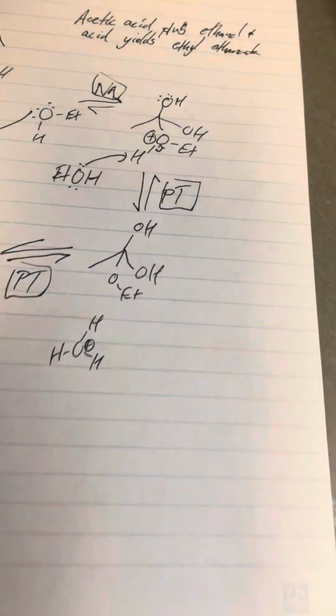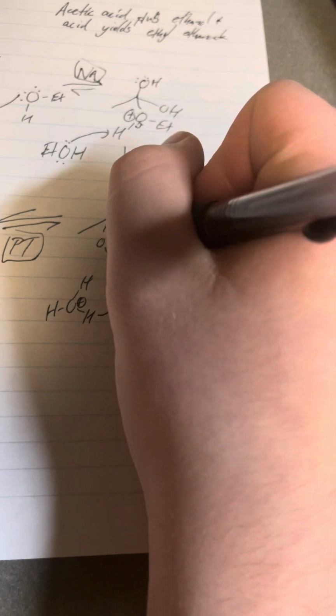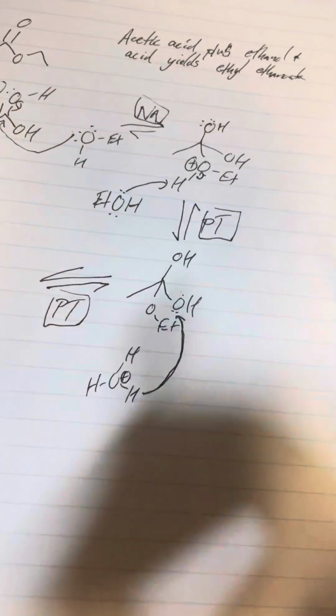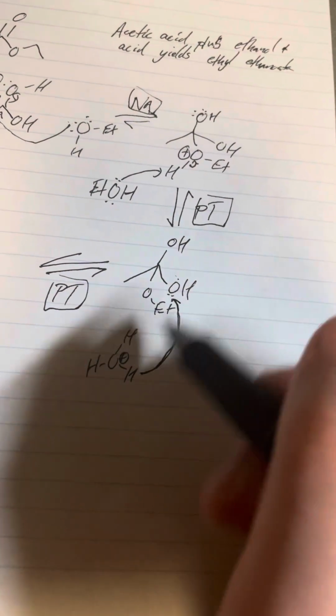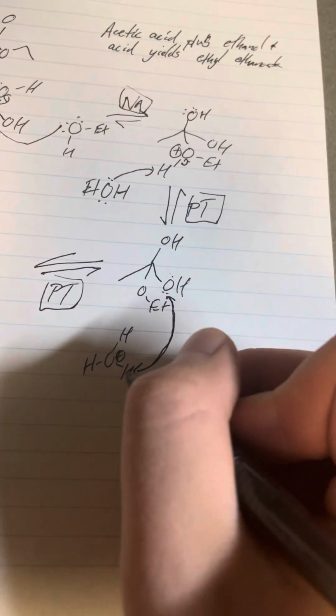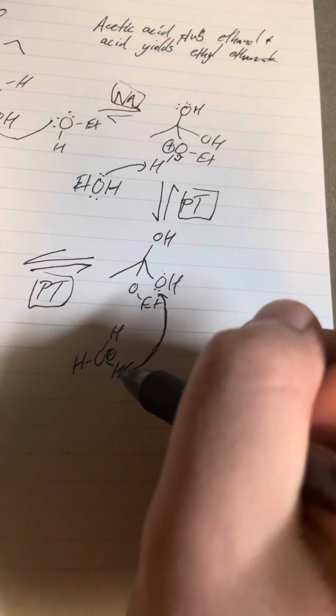Now you see, it's just going to go up to this OH right here. Or excuse me, the other way around. The lone pairs of this oxygen are going to come and attack and grab away this H. Protons are going to go back in here, and so that just turns this into water.